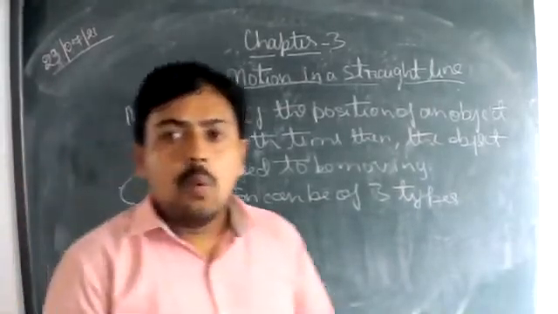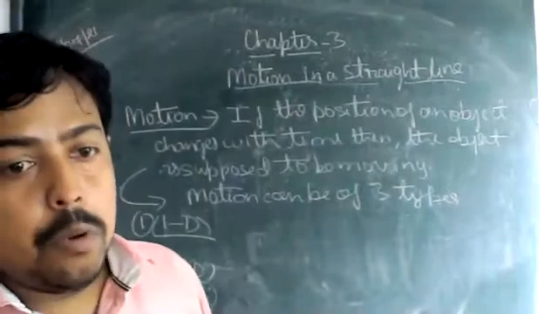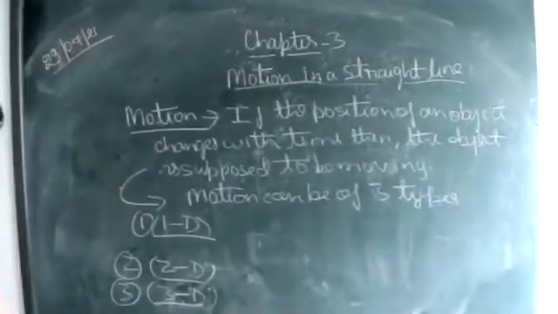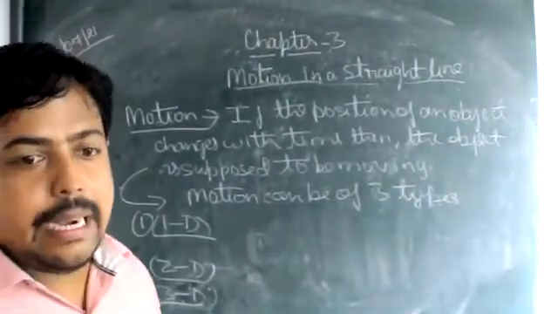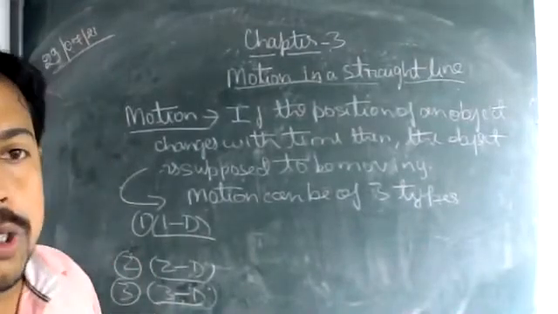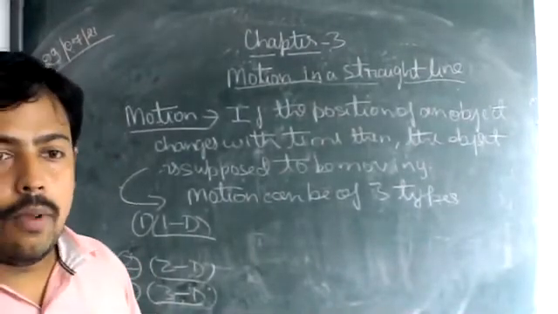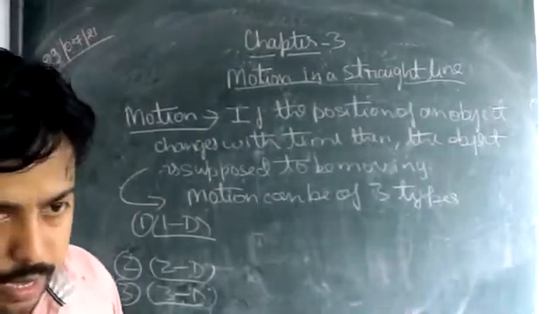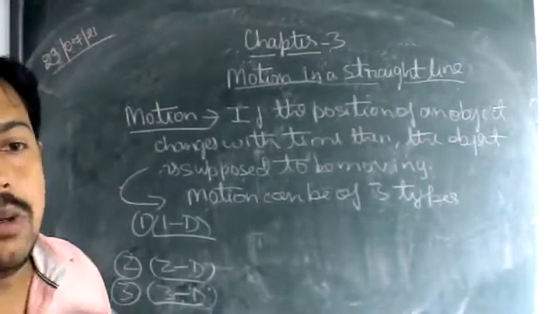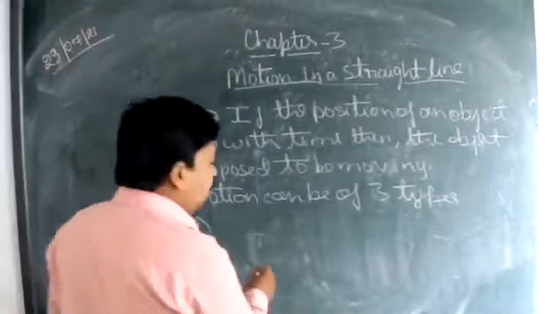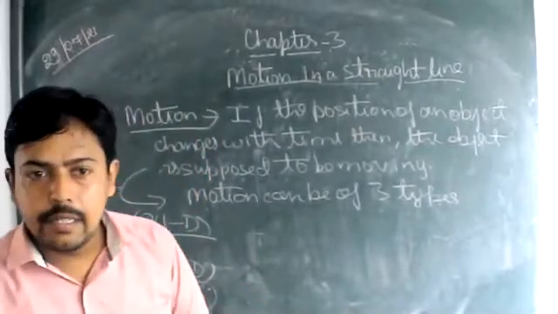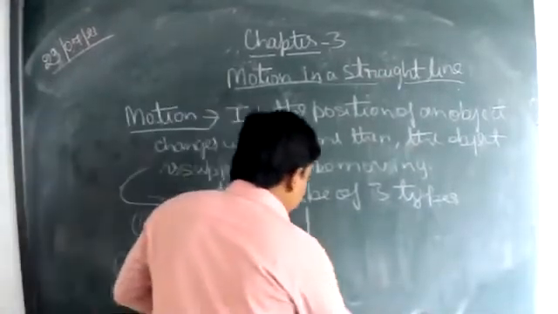Now, what is 1D motion? What is 2D motion? What is 3D motion? This we need to understand. For better understanding of these, we should have some knowledge of Cartesian coordinates. How many of you know what Cartesian coordinates are?